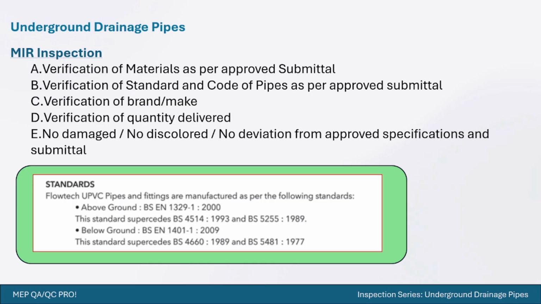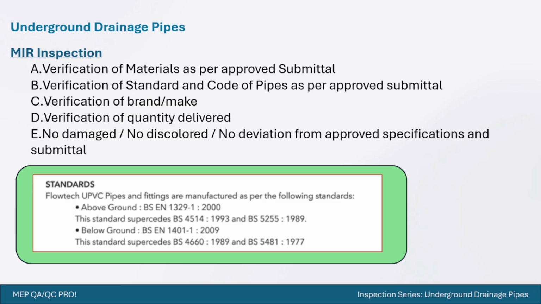Then after that you will go to the store or to the site wherever the material is delivered or kept. The first thing, you will not look at anything from your submittal, technical, brand, anything. First, you need to ensure that the material which arrived at site has no damage, no discoloration, no deviation.